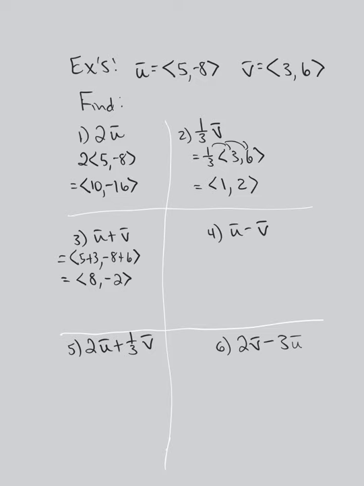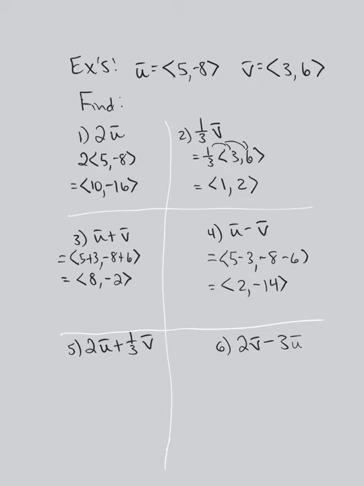And then u minus v, I subtract coordinates, so I have 5 minus 3 and -8 minus 6, so I get the vector 2, -14. And then 2u plus 1/3 v.